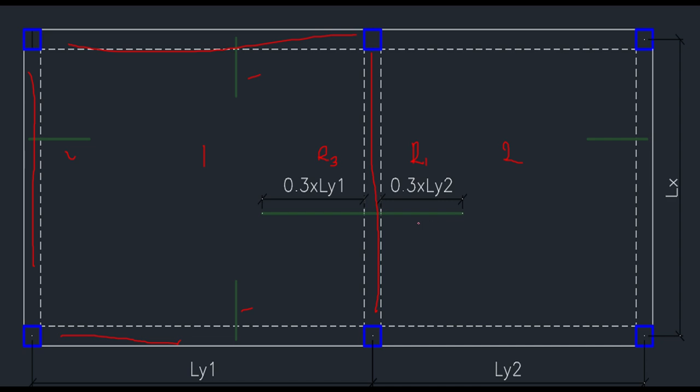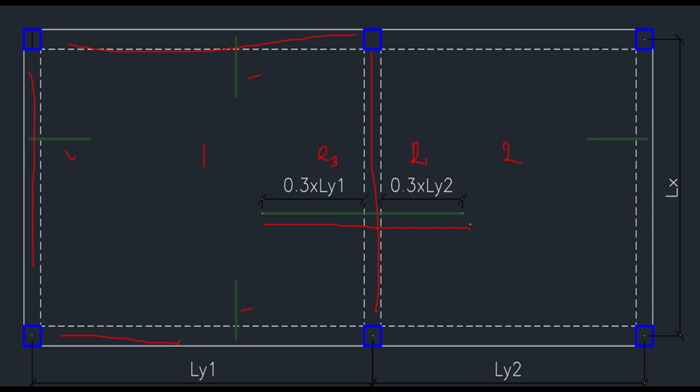And it's going to be returned into slab 2 by 0.3 multiplied by LY2, because this reinforcement is parallel to span LY2. So this whole reinforcement is a single reinforcement, but that is how the curtailment is being done.